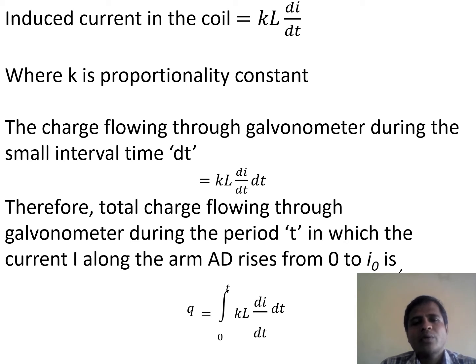Therefore, the total charge flowing through the galvanometer during the period t in which the current I along the arm AD rises from 0 to I naught, the expression for Q becomes, that is, integration over 0 to t of K L into di upon dt into dt.